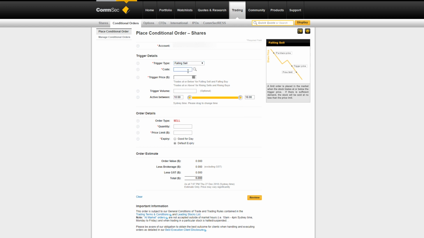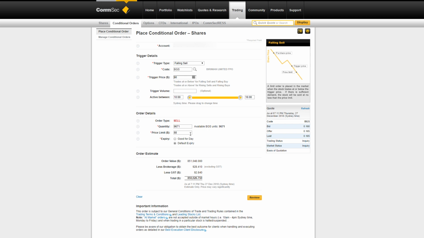And over here, you would just type in your code. Let's say you set a trigger price, which is $90. Don't worry about volume, that's a bit more complicated, but let's say you're going to sell the rest of your units. You want to set your limit a little bit lower than $90, so this would be $88.